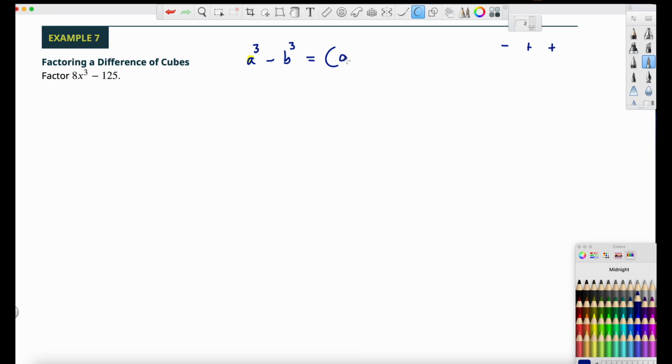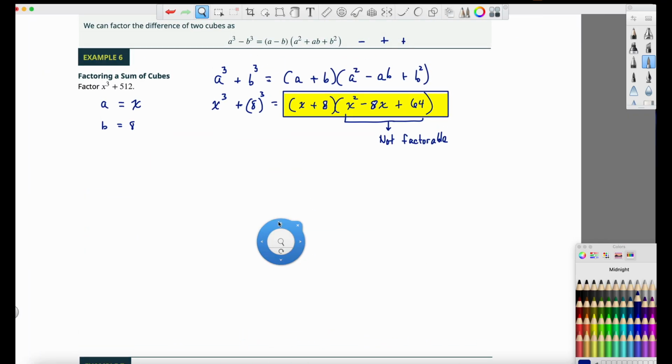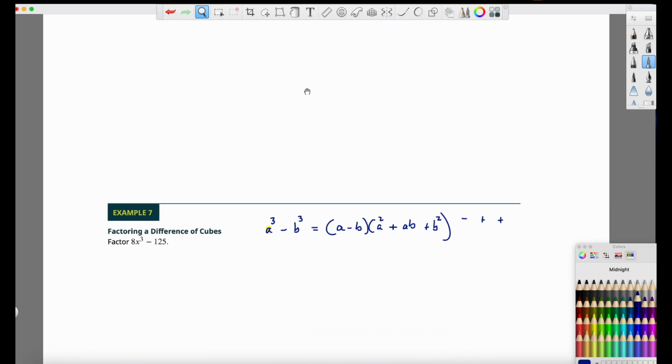So it's going to be a minus b times a squared plus ab plus b squared. Let's see if we got that right up here. A minus b, a squared plus ab plus b squared. Yep.